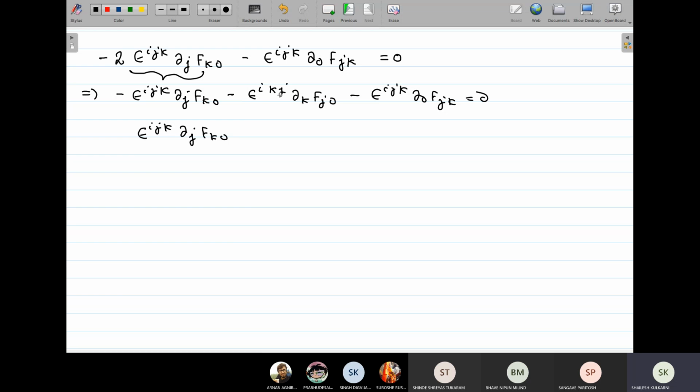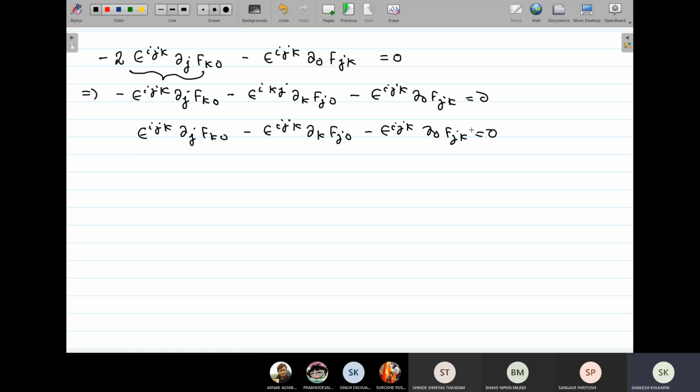Then I will use the antisymmetry, and it will be an extra minus sign. So this will be minus epsilon_ijk ∂_k F_j0 minus epsilon_ijk ∂_0 F_jk. This is equal to 0.